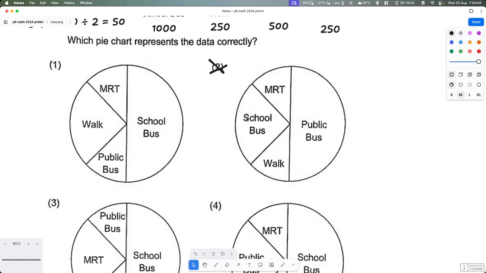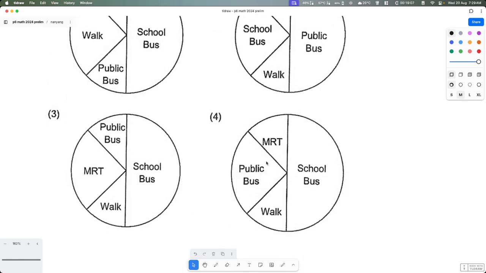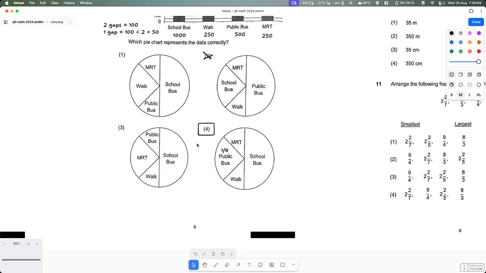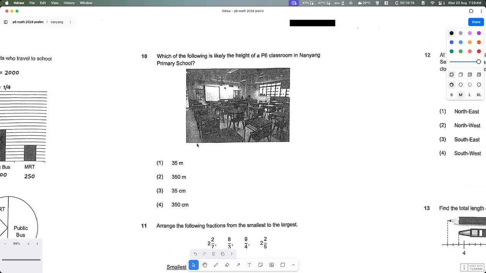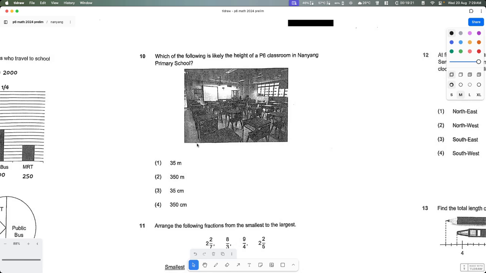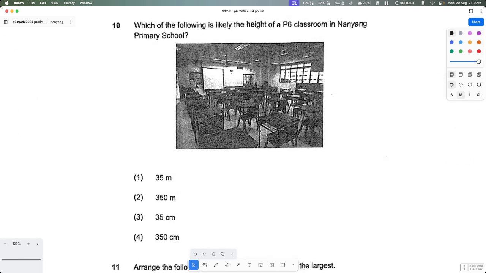So that means public bus is 1/4, which is option number 4. There you go. So that's the answer. All right, let's move on to the next question. Question number 10. Which of the following is likely the height of a P6 classroom in Nanyang Primary School?